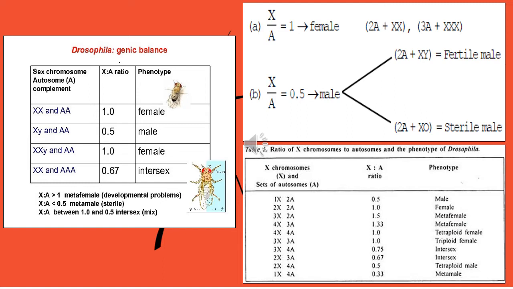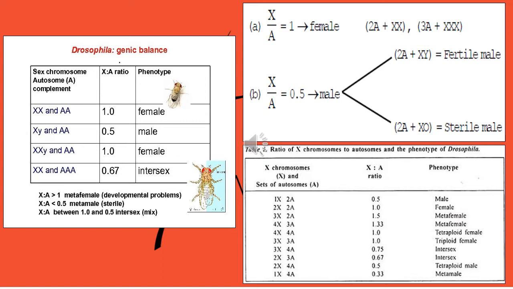Coming to genic balance, before we discuss this topic, we need to first understand that in humans and certain insects, the male and female distinction is made based on the presence of sex chromosomes. We all know that in humans, if an individual carries 22 pairs of autosomes along with double X chromosomes on the 23rd pair of chromosomes, then that individual is a female.